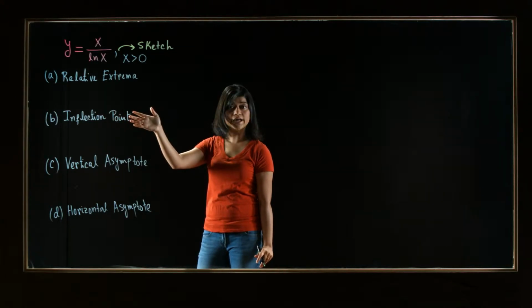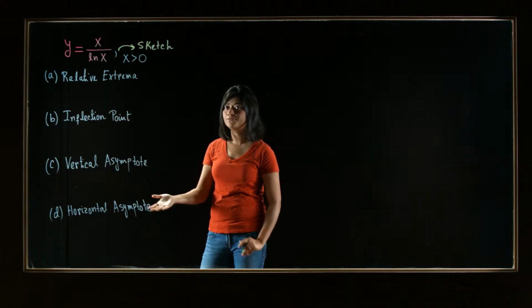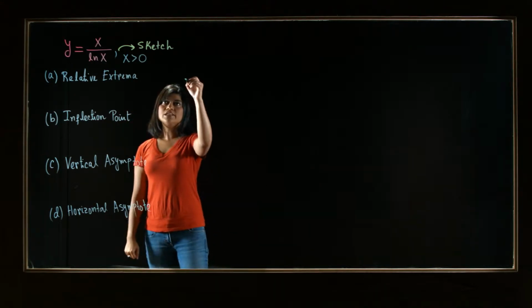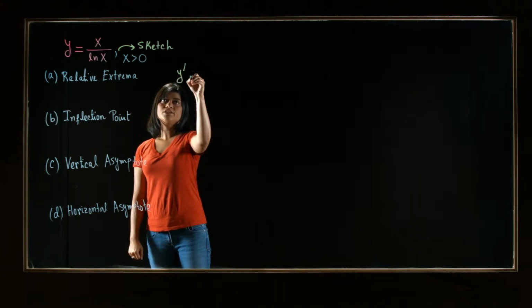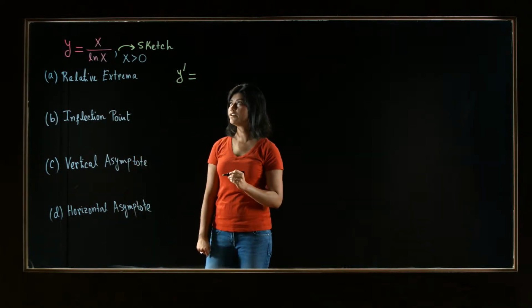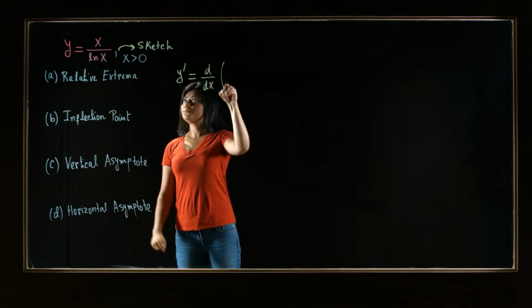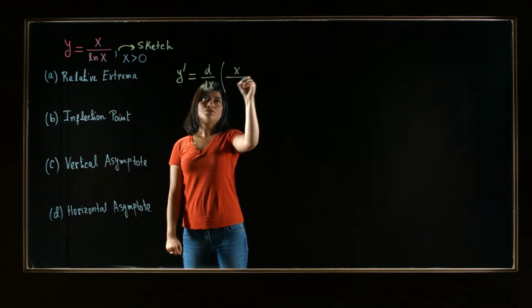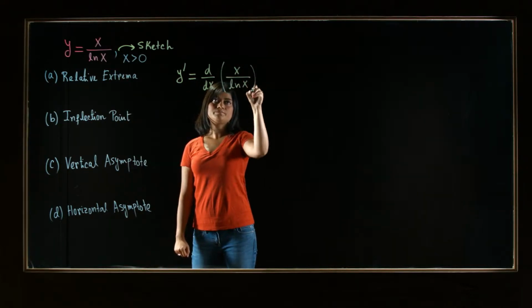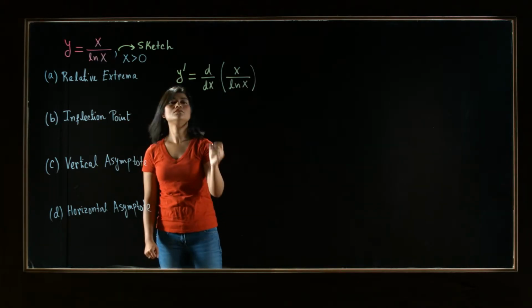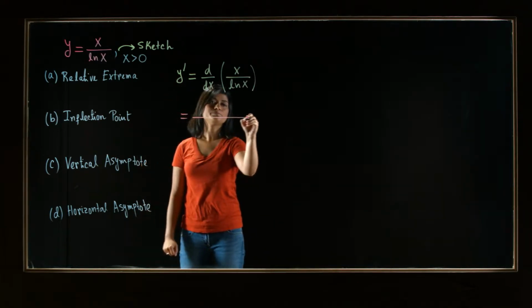You know that we need to figure out derivatives of the function to find extrema and inflection point. So, let's start by computing the first derivative of this function, which is d dx of x over natural log of x. Since this is a quotient, we will need to apply quotient rule.